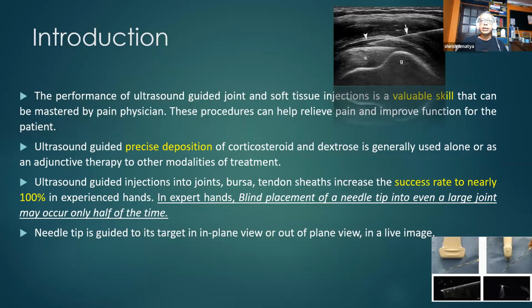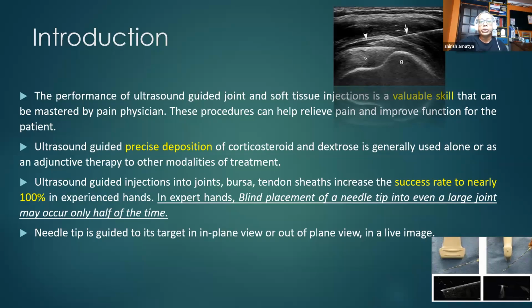In experts' hands, blind placement of the needle tip into even a large joint may sometimes be out of the joint half of the time. So nowadays many pain physicians are shifting from C-arm guided technique to ultrasound guided technique because of the success rate, which is almost 100% if you are experienced enough.